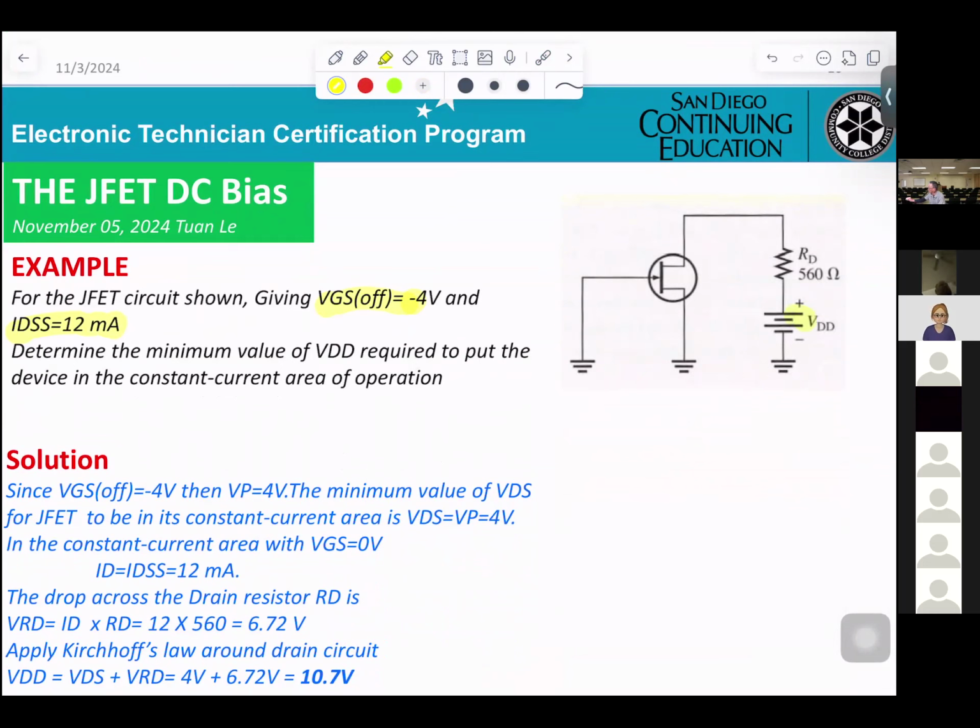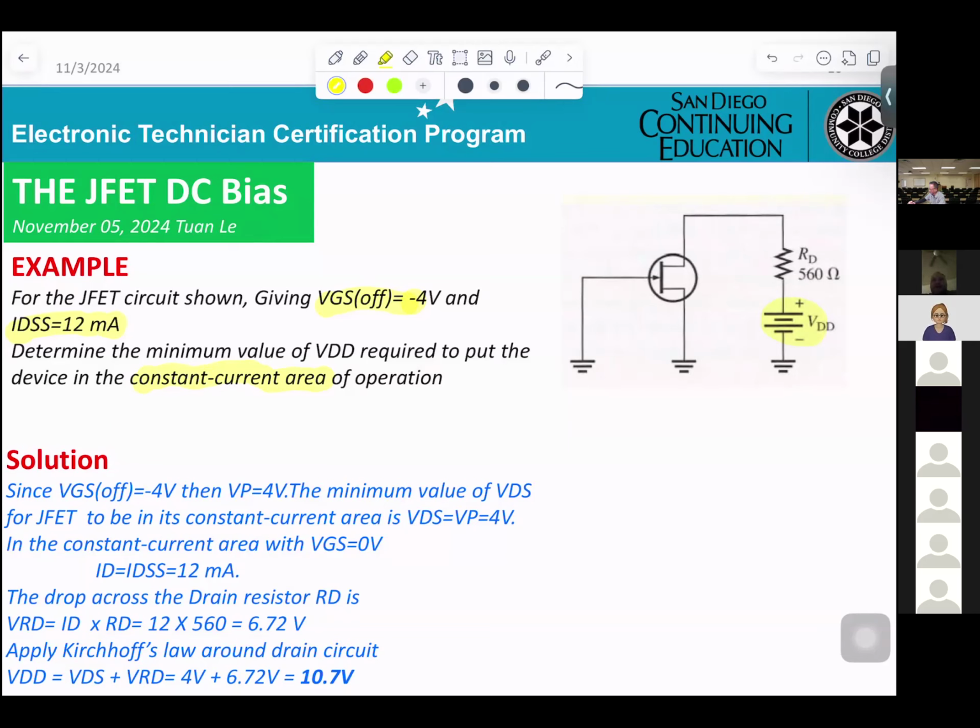That means they're looking for what VDD is wanted here. Okay? Now see what the solution is. You have to go through it in order so you can understand.